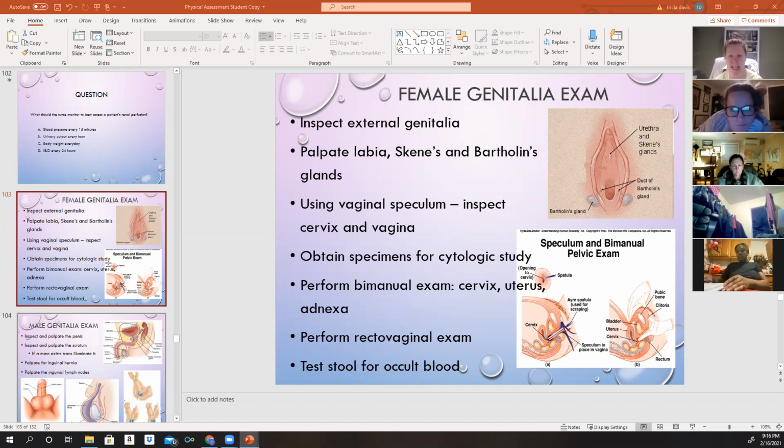You would use that inserted into the vagina to look at the cervix and other areas inside the vagina. You could obtain specimens like a pap smear to send off for cytology. You could do bimanual exams of the cervix, the uterus. I'm not going to test you guys on this. You also could examine the rectum to make sure you don't feel any kind of masses in there. And then you could send off stool for occult blood.